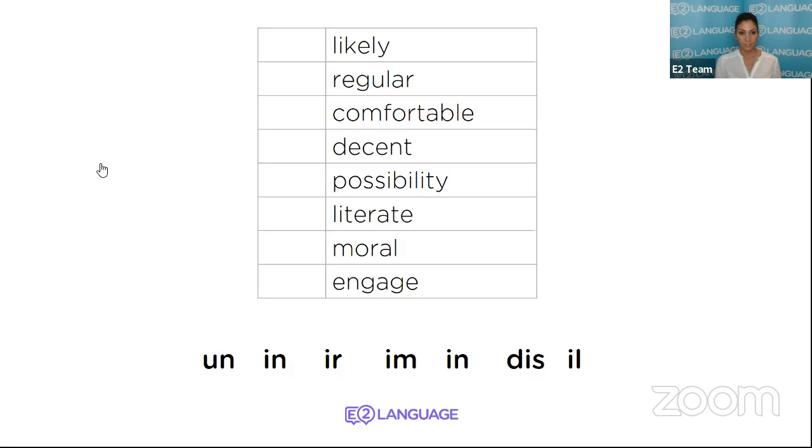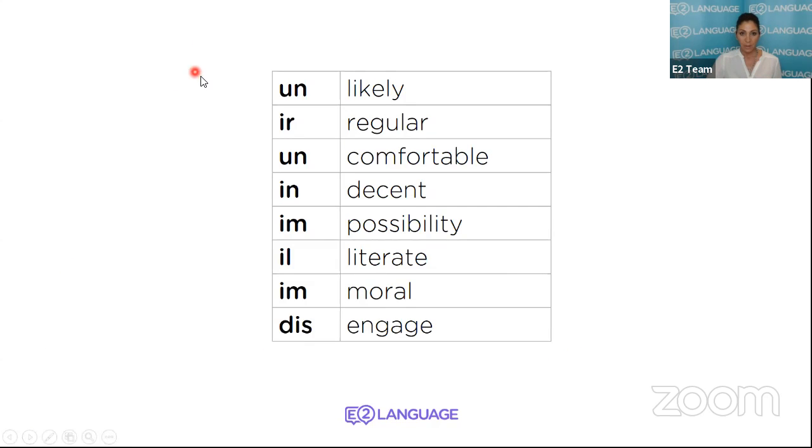Okay, good. Let's have a look at the answers. So unlikely, irregular, uncomfortable, indecent. So to be decent is to be good, a good person, to show decent behavior. Indecent is the opposite of that. To behave decently or to behave indecently. And the noun is decency, okay? Or indecency would be the negative.